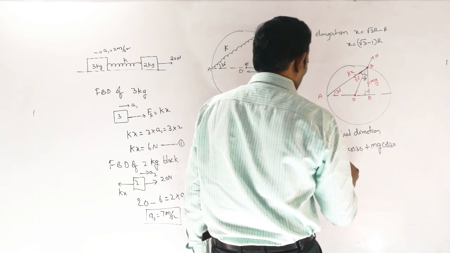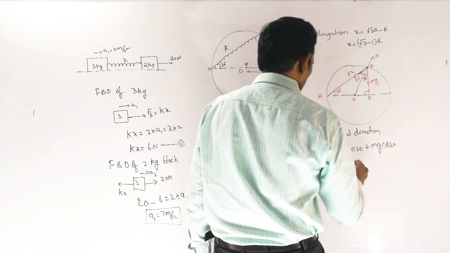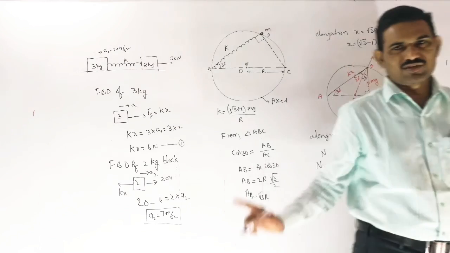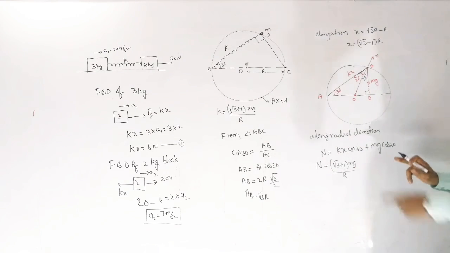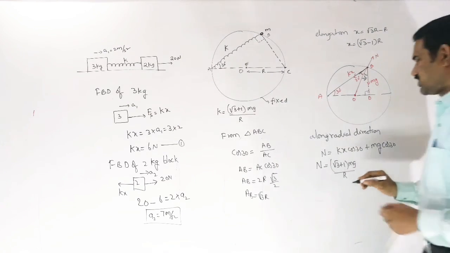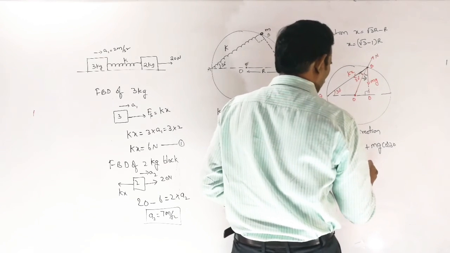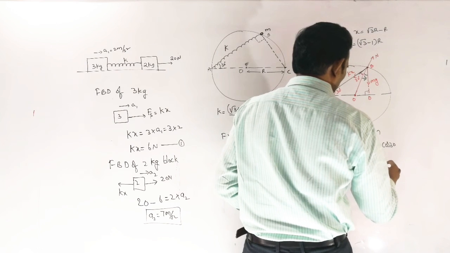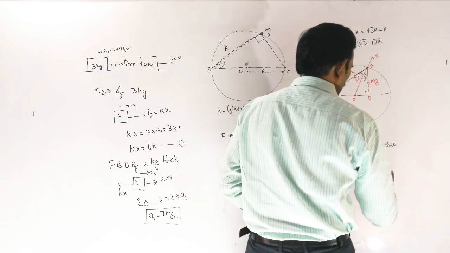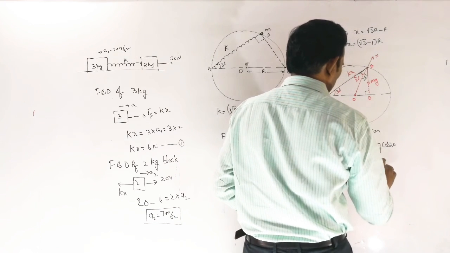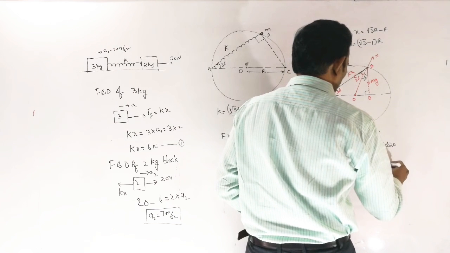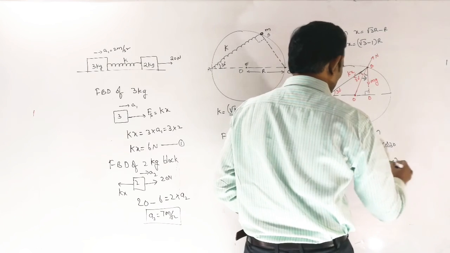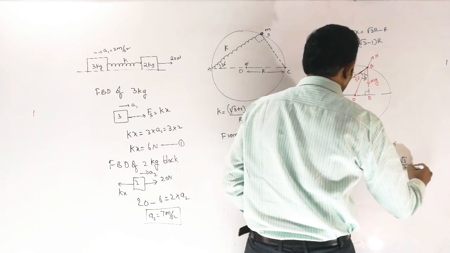K value I am substituting as (root 3 plus 1) into mg by r, this is the K value. And this x value we calculated already, so that is (root 3 minus 1) into r, and cos 30 value is root 3 by 2, we can take that common there, plus mg, and total I am taking that root 3 by 2 common.